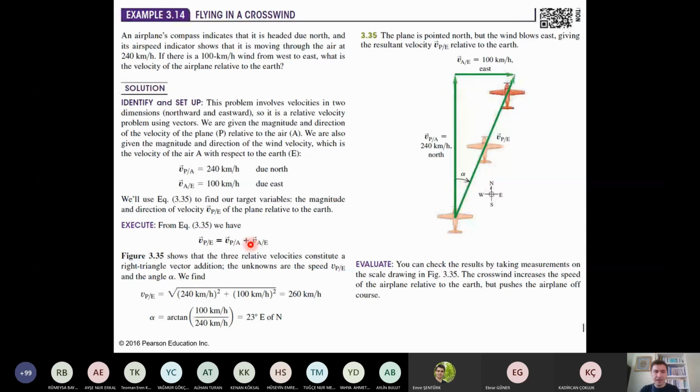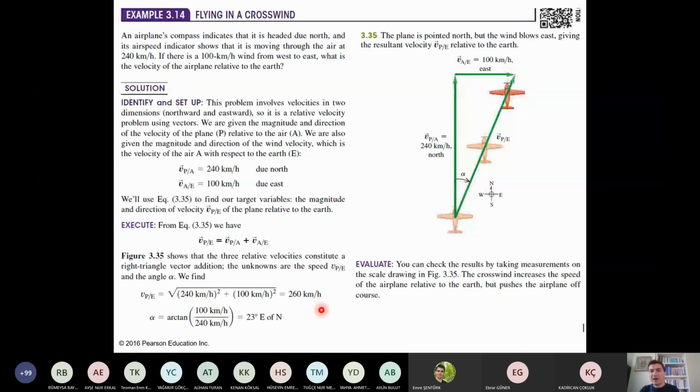Okay, then by using the geometry rules and also vectors, you can also calculate the magnitude of the velocity of the plane relative to earth. So what was the velocity of plane relative to air? 240 km per hour. So due to the wind, velocity is increased. You see 260 km per hour.